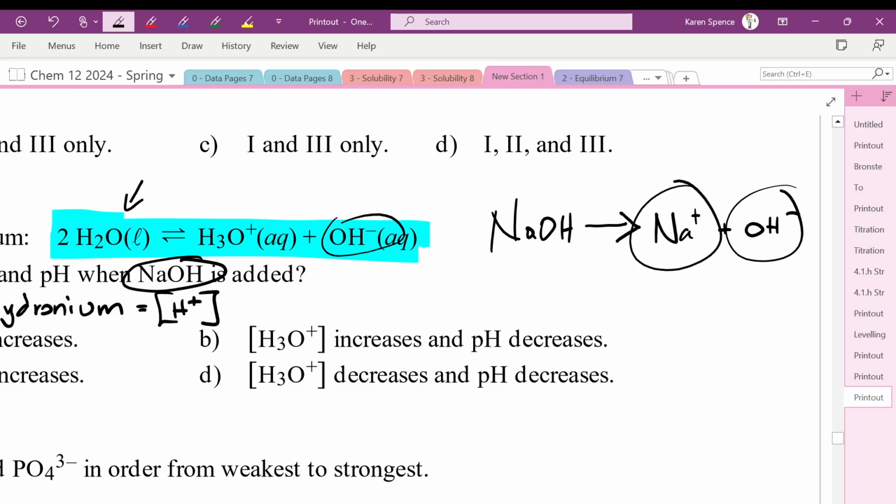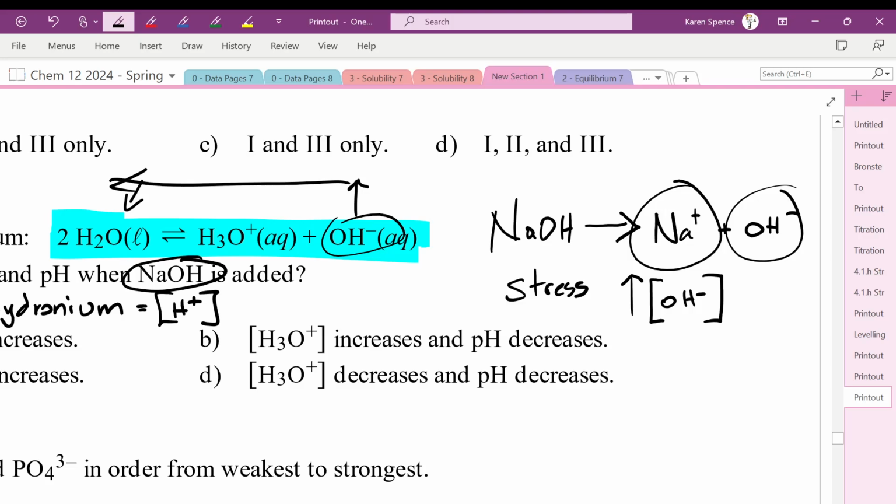So if we have added NaOH, what have we changed? What is the stress? We have increased the basicity, the concentration of OH. Yes, we have increased the basicity, but this is going to let us predict a shift. So if we increase the concentration of OH, which way does that equilibrium shift? Shifts to the left.